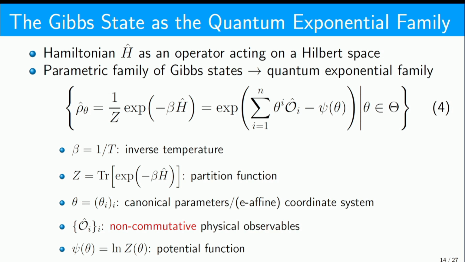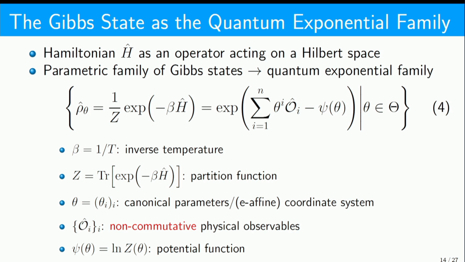And in this case, the Gibbs state is a mixed state written in this form, and as in the classical case, it can be written in this form. So this belongs to the quantum exponential family in this way.